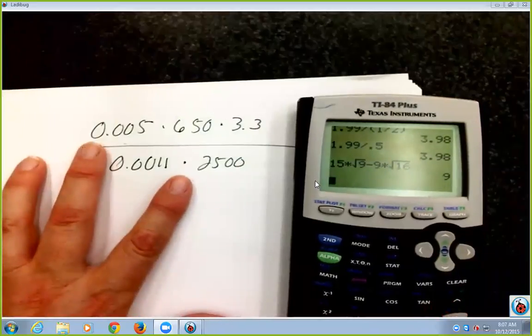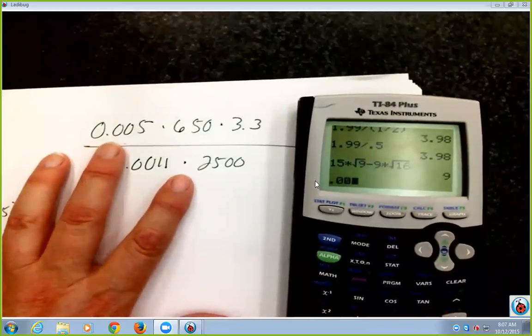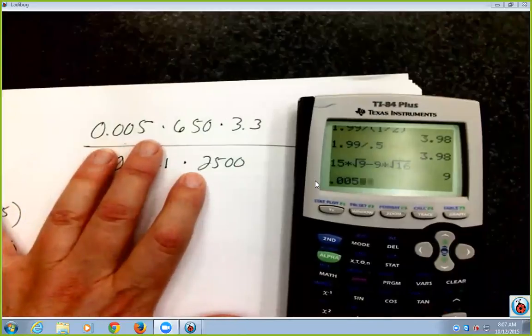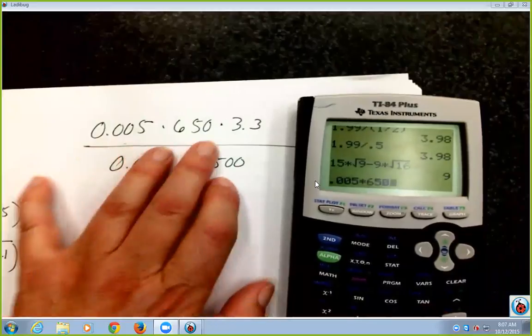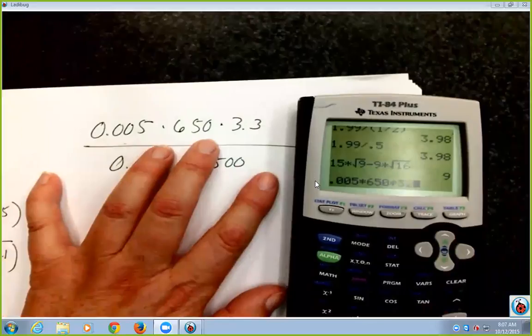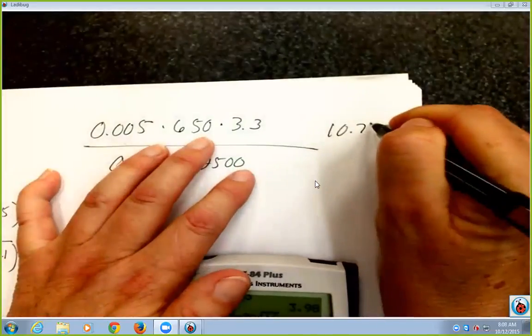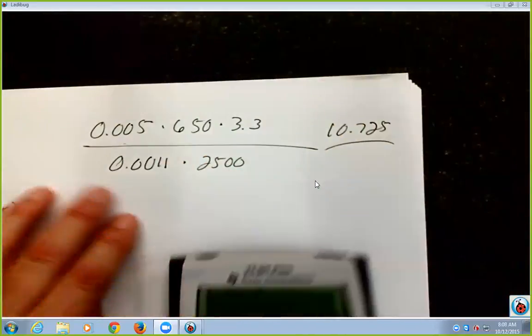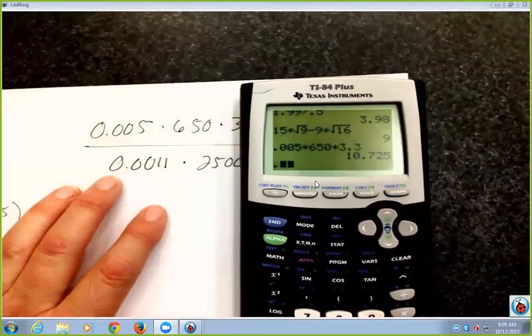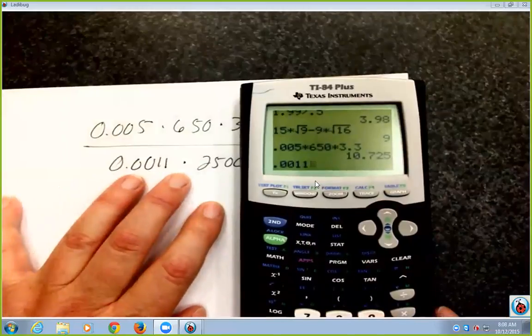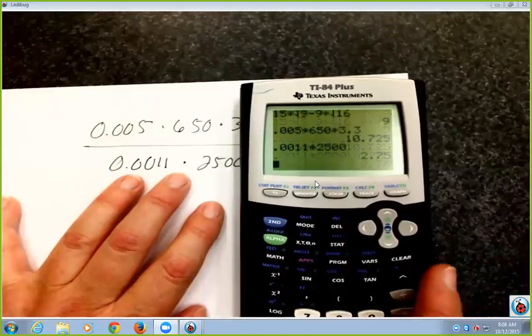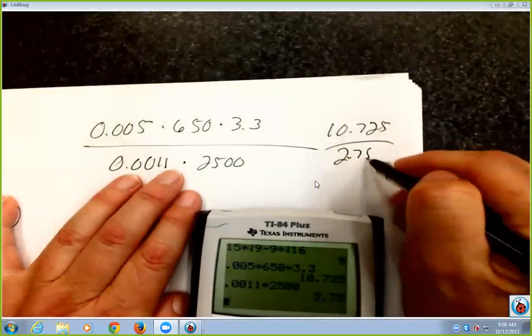So 0.005 times 650 times 3.3, and that gives me 10.725. Then if I do my bottom, 0.0011 times 2500, that gives me 2.75.